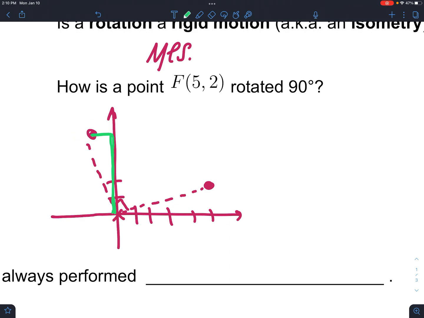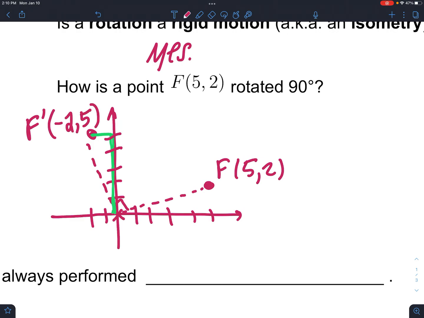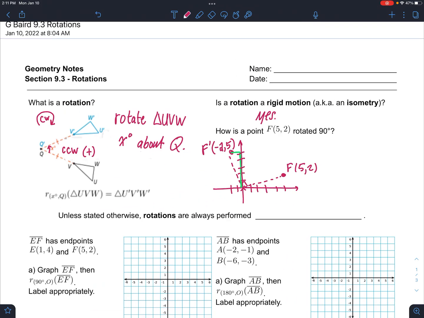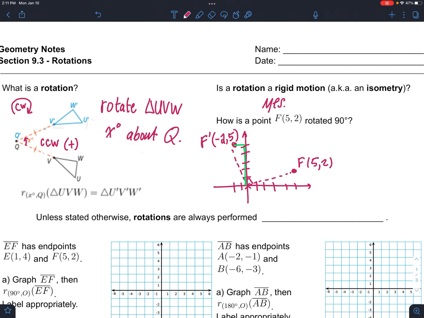It really should be up here, and it is going to go up 5 and over 2. So we can see that F, which was 5, 2, was rotated to -2, 5, if we do it very carefully. So we're going to use that L shape a lot here in the notes. So like I said, unless otherwise stated, rotations are going to be performed counterclockwise.